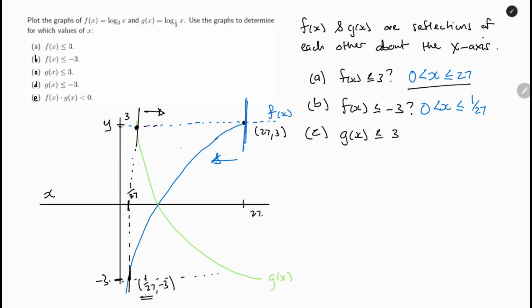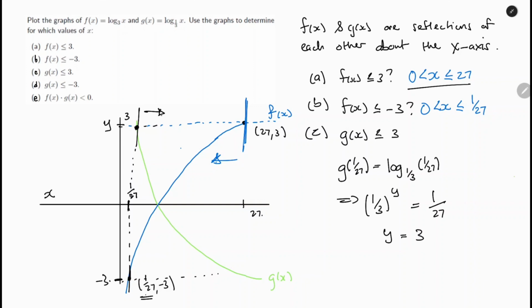So we can prove that algebraically. If we go g of 1 over 27, that's going to equal log base 1 over 3 of 1 over 27, right? So that implies that 1 over 3 to the power of this value, g of 1 over 27, is equal to 1 over 27. So I'm just going to use y notation to make it easier. So y is equal to, that's going to be 3.